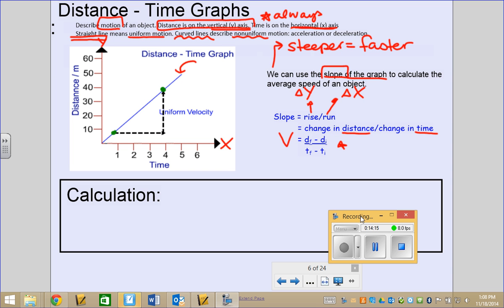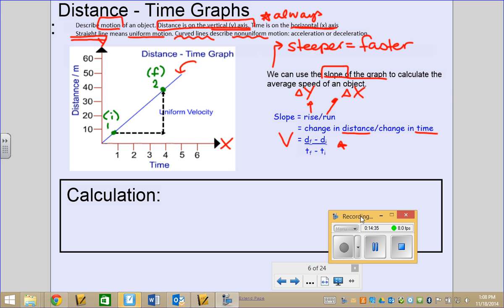Now the idea is that you'll always read your graph from left to right. So the point that you pick that's the closest to the left will be point number 1, or the initial point. The point you pick that's the furthest to the right will be point number 2, or the final point.